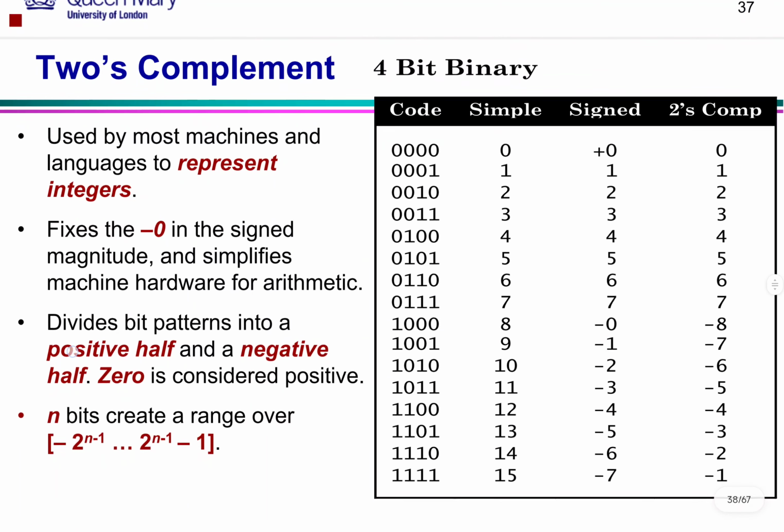So there are different kinds: ones' complement, sign, 0, 1, 2, 3, 4, but when we use two's complement, the values are divided into a positive part and a negative part, and zero is considered positive.